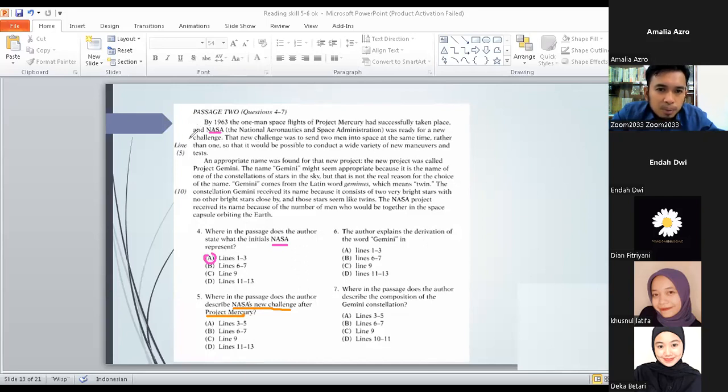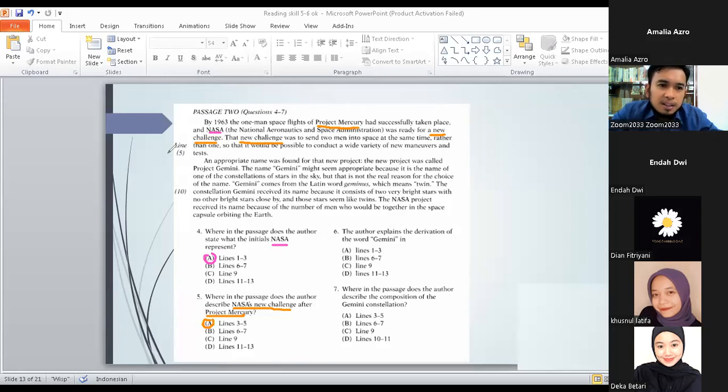The new challenge was to send two men after Project Mercury. Of course, you can find the answer in lines 3 until 5. So the answer is alpha.